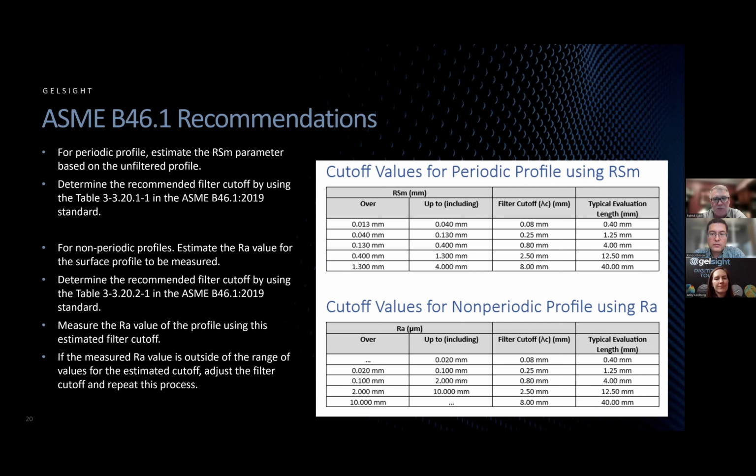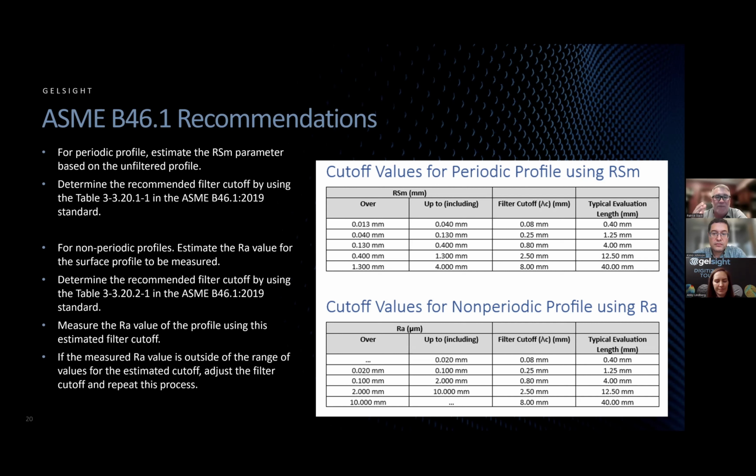And then you would use this chart to find out where that falls, using the first 2 columns, and then use that filter cutoff to start. So then you would take a measurement, look at the Ra value, and make sure that it still falls within that range. If it doesn't fall within that range, you may have to change the filter cutoff accordingly, make it longer or shorter.